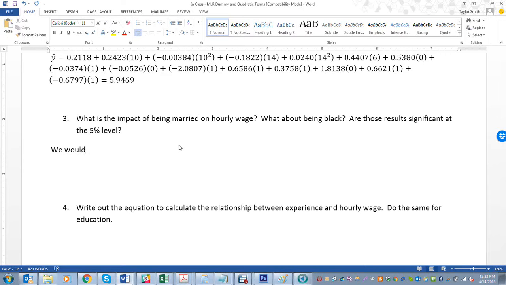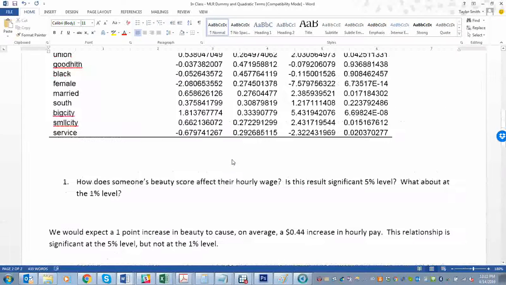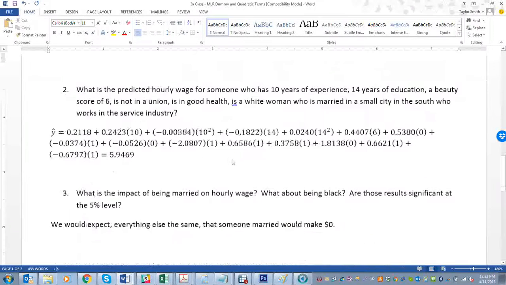So what that means is then the impact of being married on hourly wage. So we would expect, everything else the same, that someone married would make 0.6586.